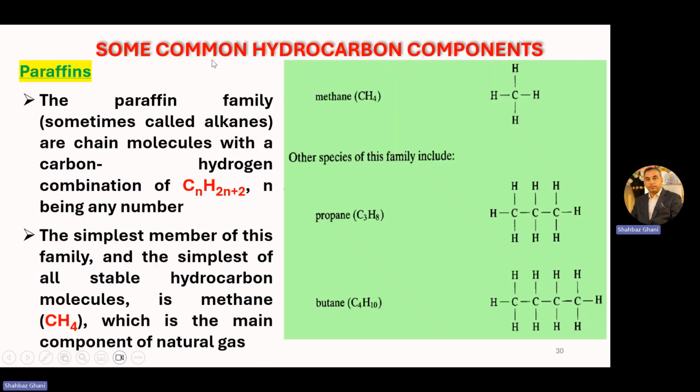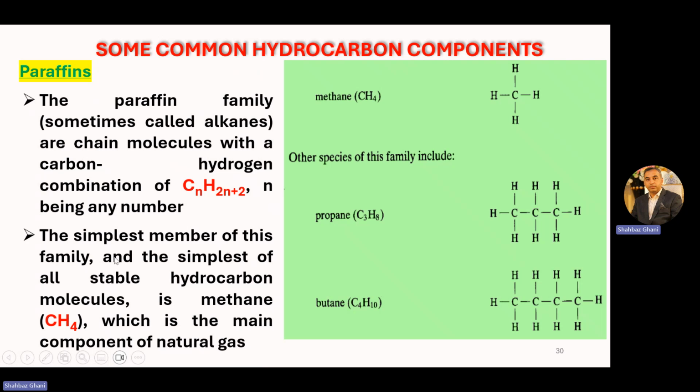Now, first the common hydrocarbon component, that is paraffin. The paraffin family, sometimes called alkanes, are chain molecules with the carbon hydrogen combination CnH2n+2, n being any number.